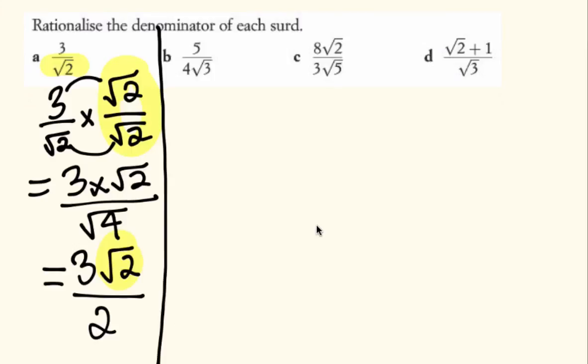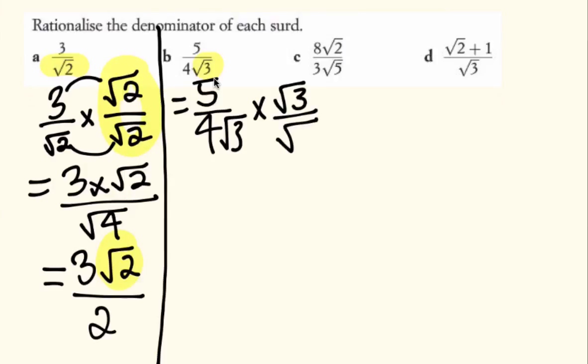So looking on to part B up here, in this case the only surd that we have is the square root 3. Leave the 4 separate and just think about the square root 3. How can we change square root 3 to become a whole number? So we have 5 over 4 root 3 times square root 3 on square root 3.